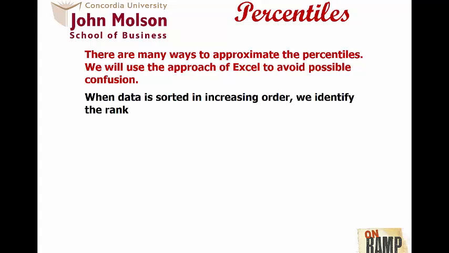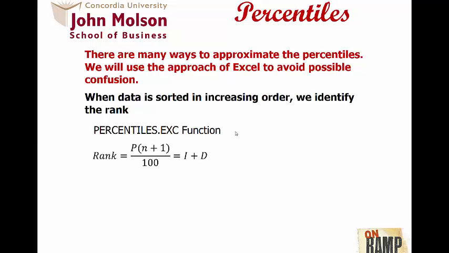So we sort my data in increasing order, and I have to identify the rank. The function that we will use is the PERCENTILE.EXC function in Excel. What that formula does is take the rank of the percentile at the point P times n plus 1 divided by 100, where P is the percentile that I want.